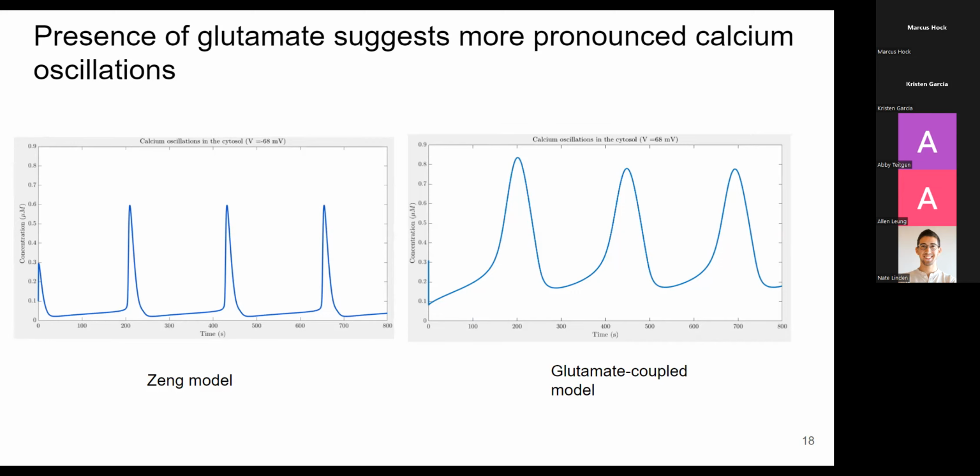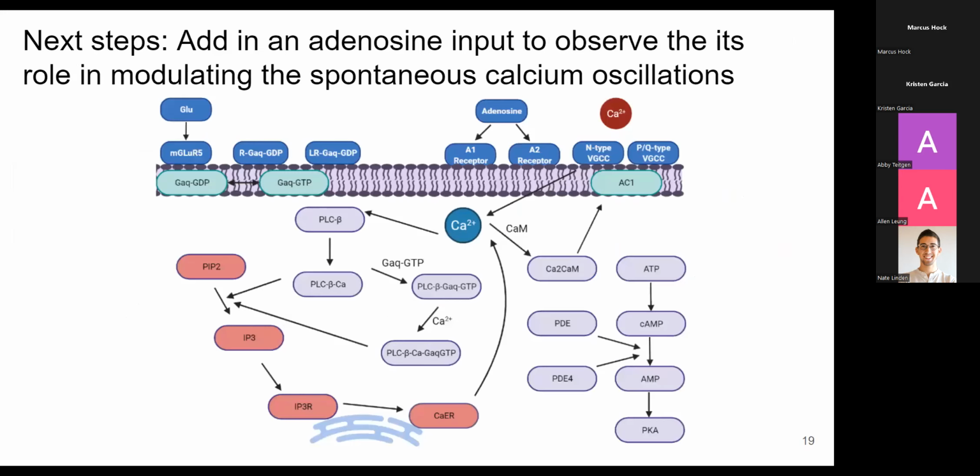So this is kind of what we expect. It's not something extremely novel, but it's something that you would expect if you put this additionally into the model. So that's the gist of what I've done so far.